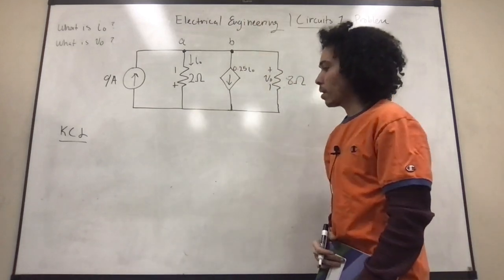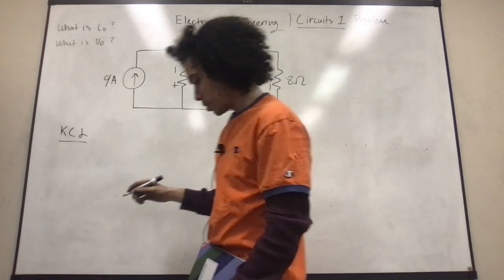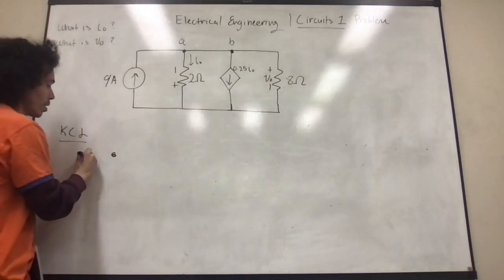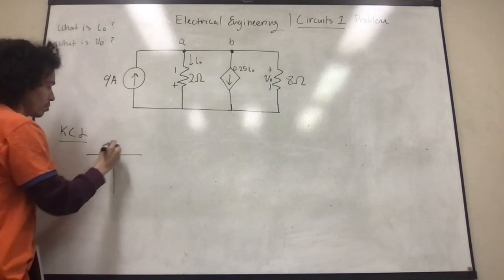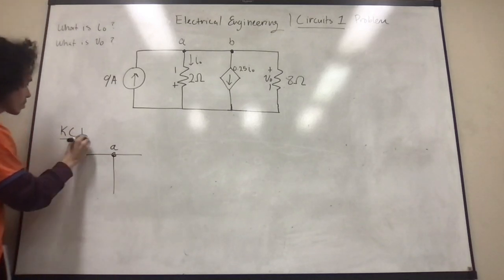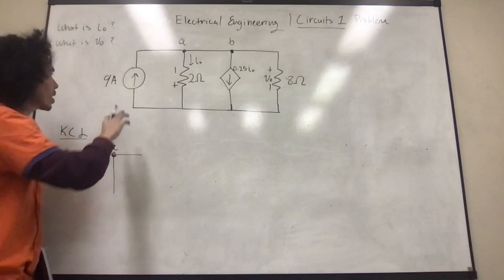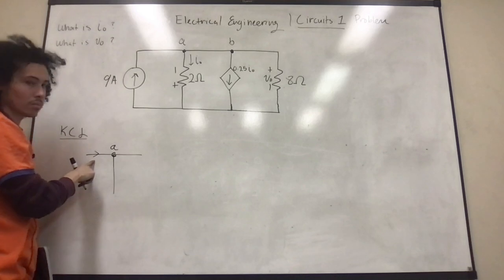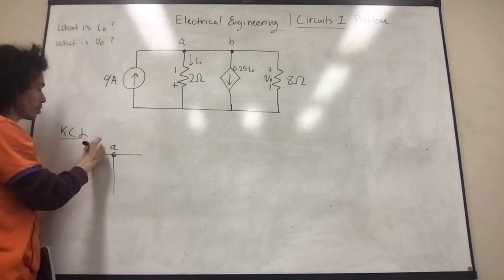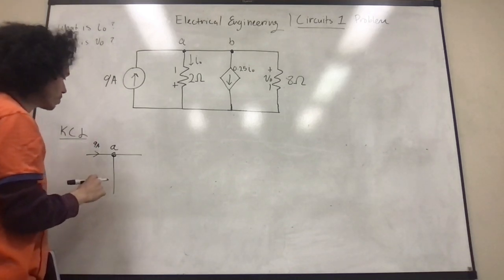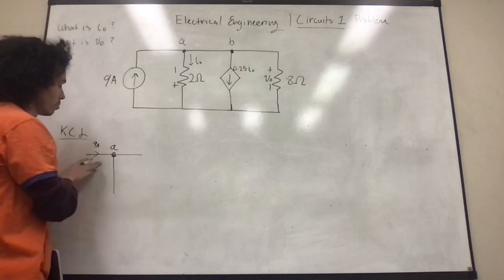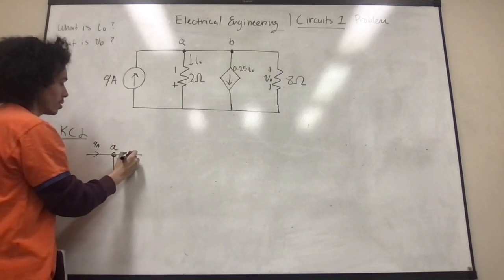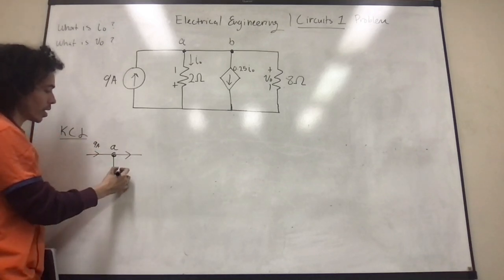We are going to draw the first node, A. We know that we have 9 amps going across from this side, and the current is essentially going to come out of this side and go down over here.